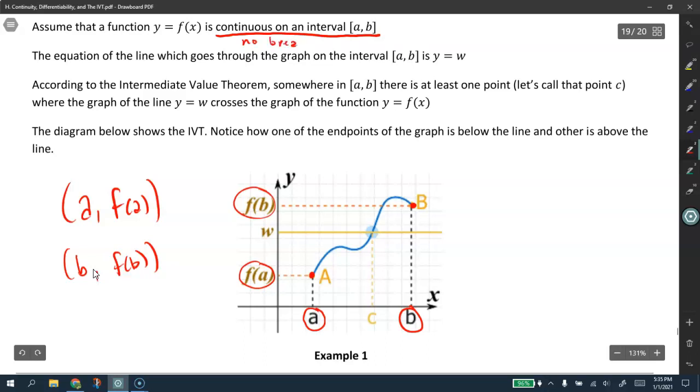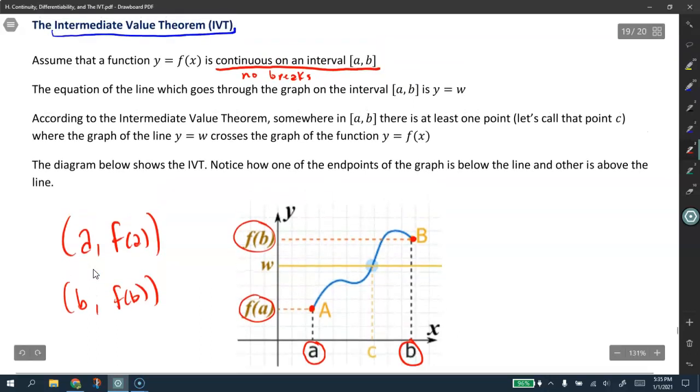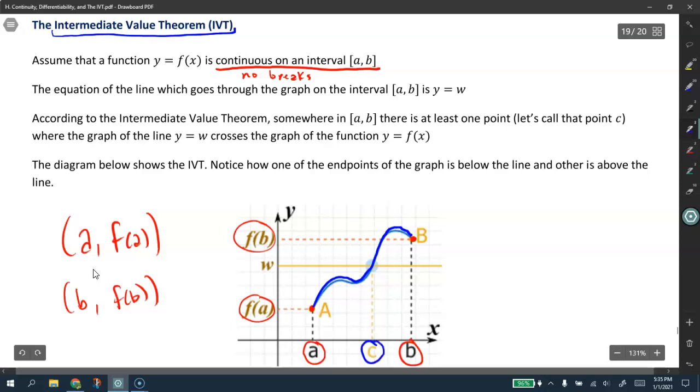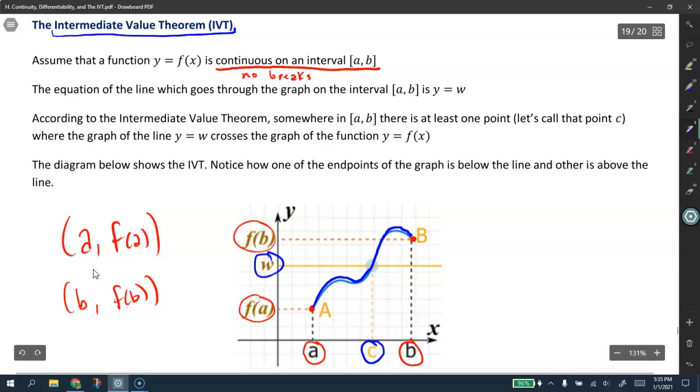So what the intermediate value theorem says is as long as there are no breaks in the graph, we can be rest assured that there is some point, we don't know exactly where that point is, but there is some point along the way, let's call it an arbitrary point C, and it's going to have a matching y value. If you want to call it f of C, that's perfectly fine. So we're guaranteeing ourselves that that actually works.